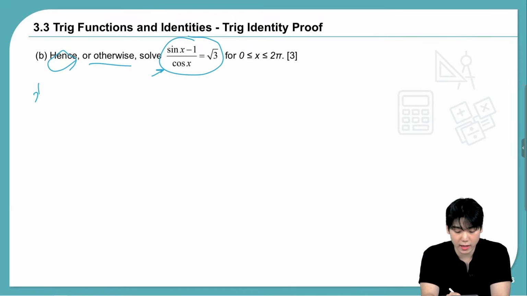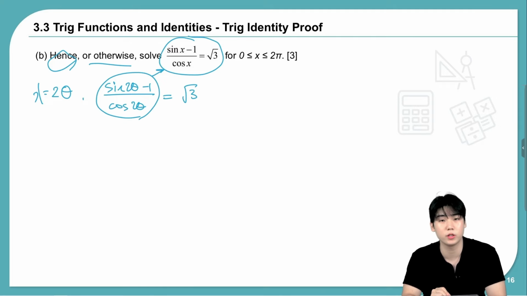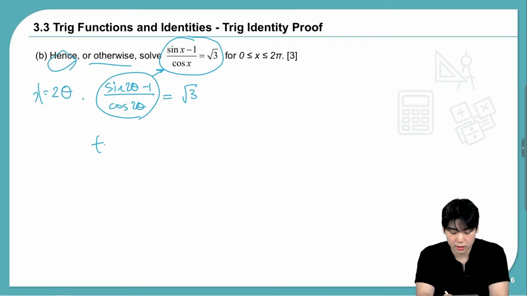So basically, when x is equal to 2 theta, we have sine 2 theta minus 1 over cosine 2 theta is equal to root 3. Well, this looks pretty similar to what we just did. That was tangent of theta minus pi over 4 is equal to root 3.